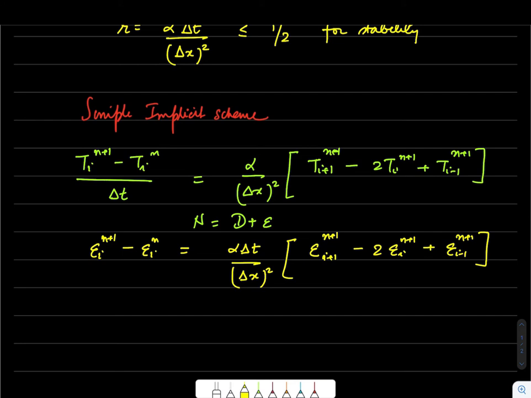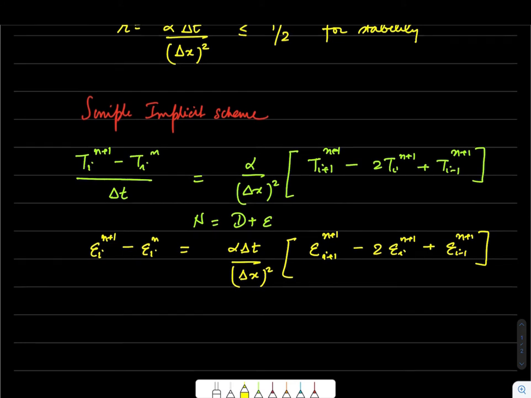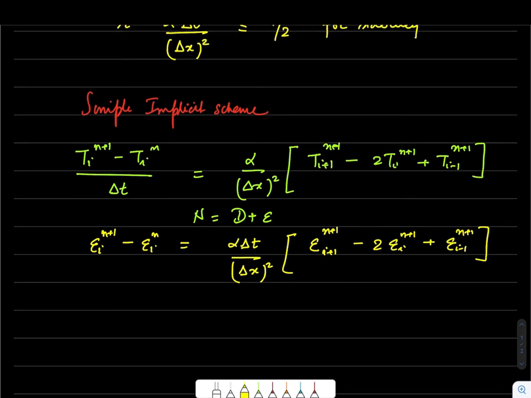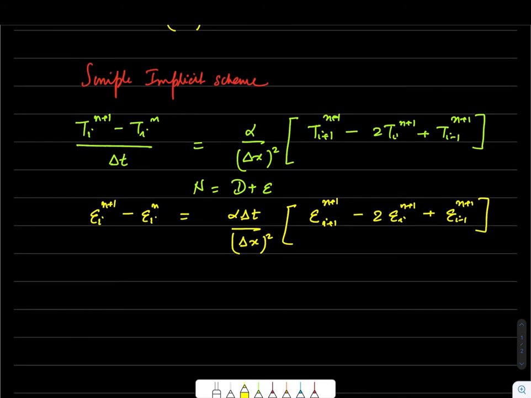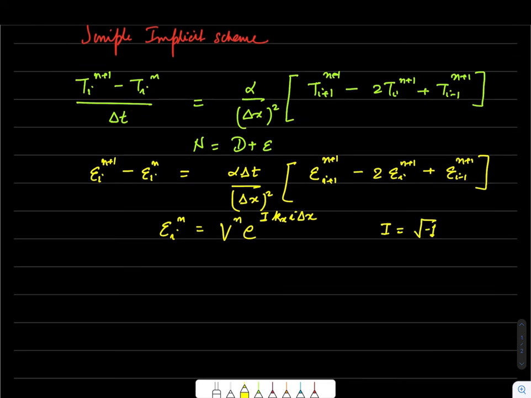Now at this point we can again write the error in terms of Fourier modes. So I'm going to represent epsilon i n as V n e to the power I kx i delta x, where capital I is iota, and I will say kx into delta x is theta.